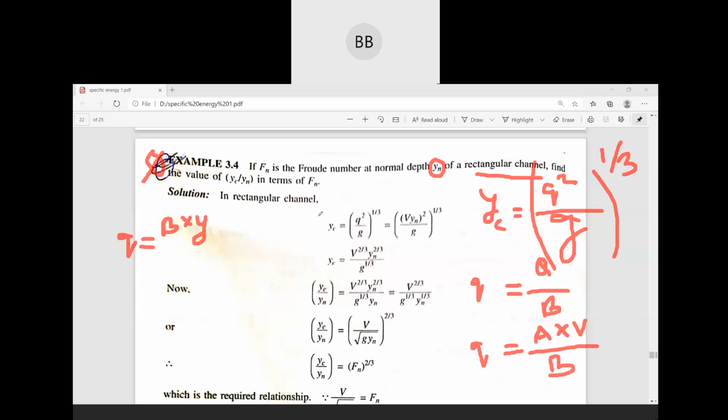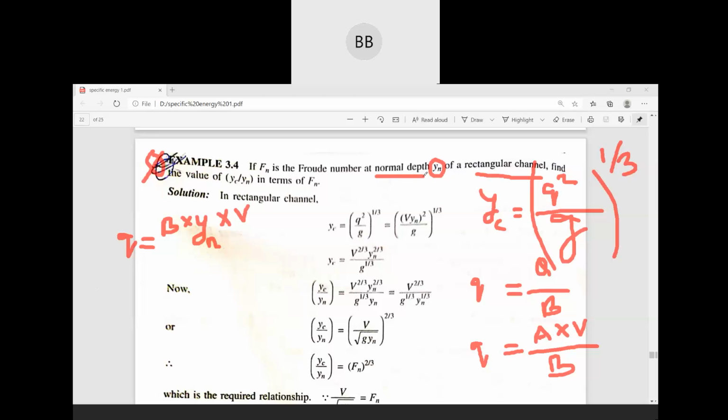Sorry, it's normal depth, so it will be Yn, because here normal depth is given.